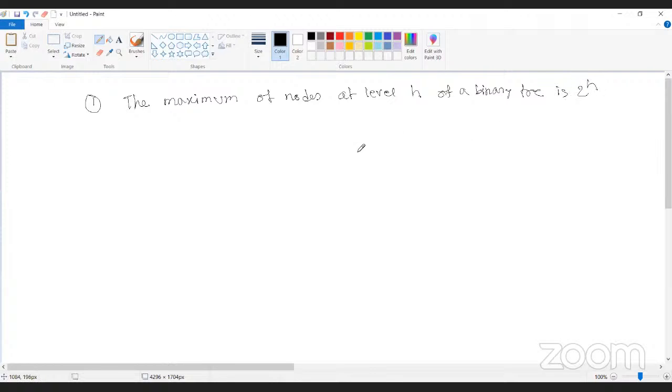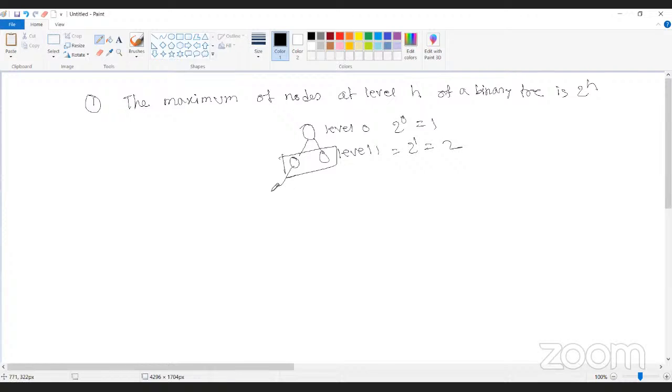So I've already explained, if there is level 0, then the number of nodes is 2 to the power 0 equal to 1. In level 1, the maximum possible is 2 to the power 1, equal to 2.